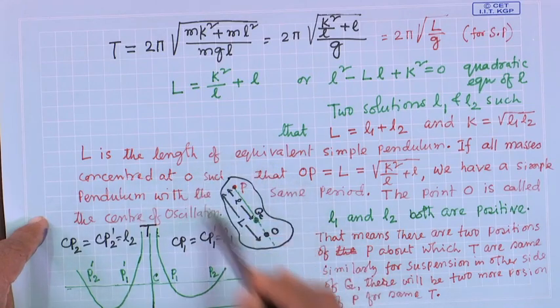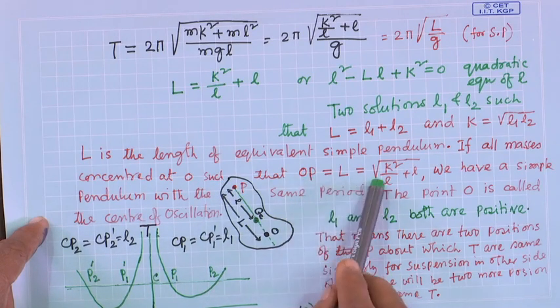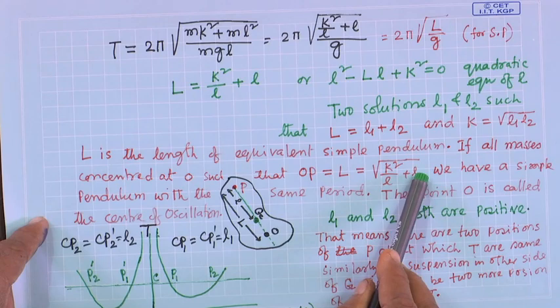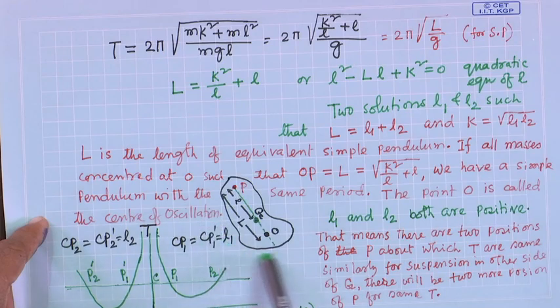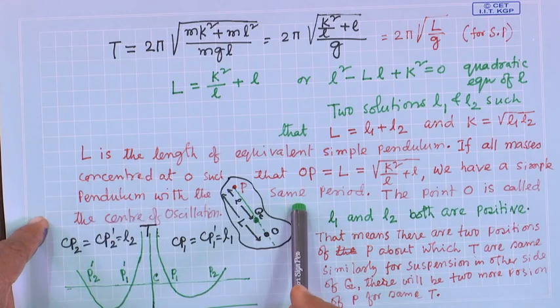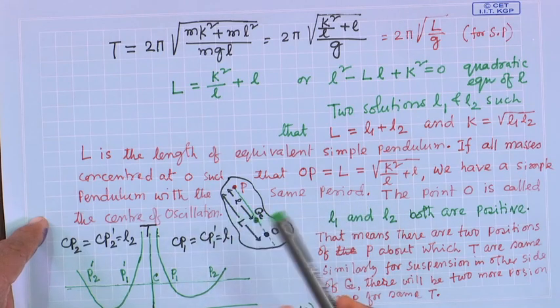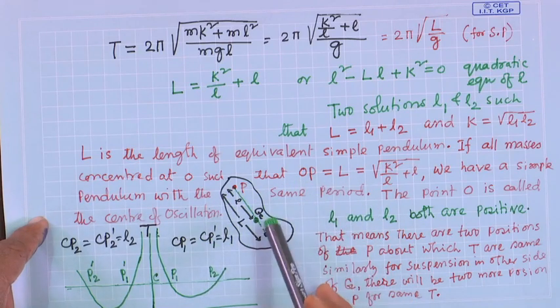With all mass concentrated at this point, at distance capital L from P, where L is k square by l plus small l, it will behave like a simple pendulum and oscillate with the same period as the simple pendulum.